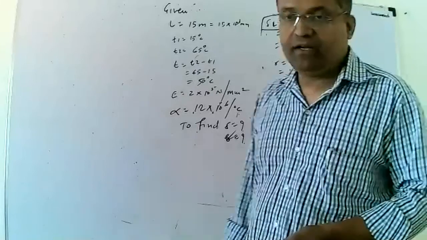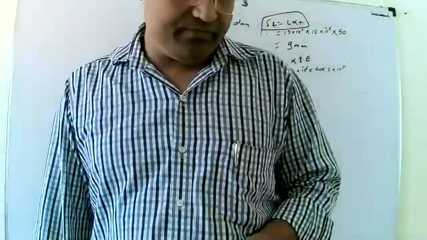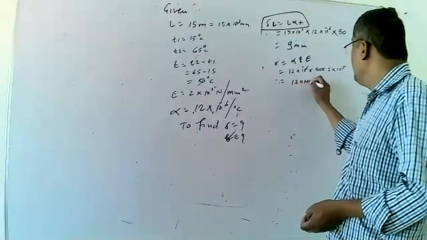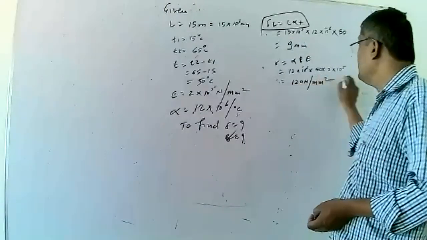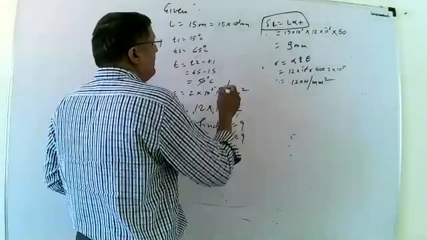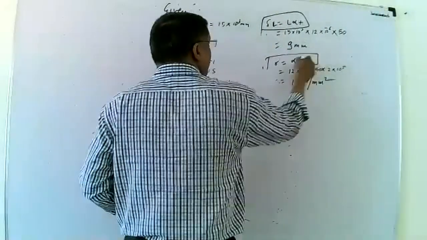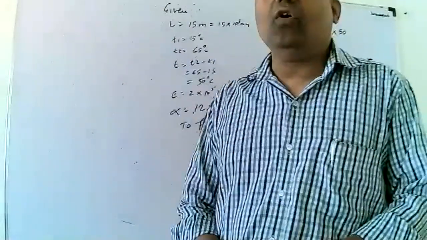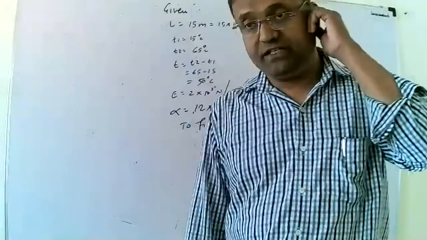Then we can easily calculate sigma. That value we will get is 120 Newton per mm square. This is the value of sigma, which means how much stress is generated in the specimen.